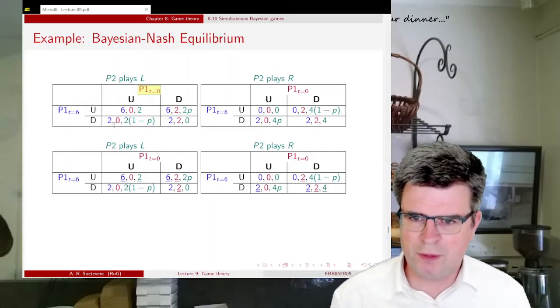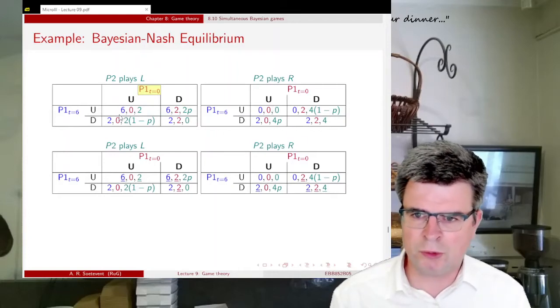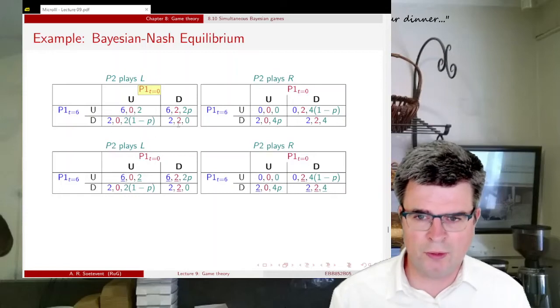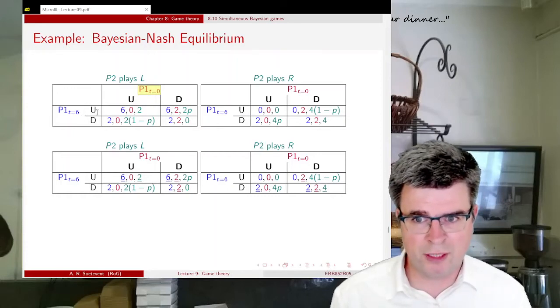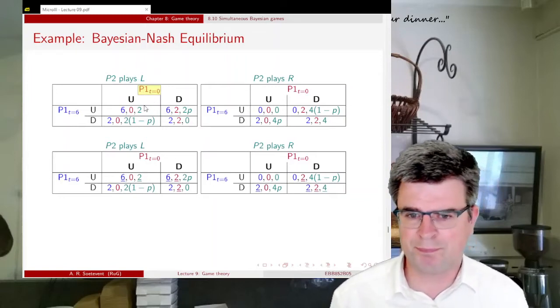Same here. And also for the player 1 of type T is 6, the two 6s here are always identical. These two entries, the 2s, are always identical because the payoff of player 1 when he's of type T is 6 does not depend on what he would decide if he were of the other type.